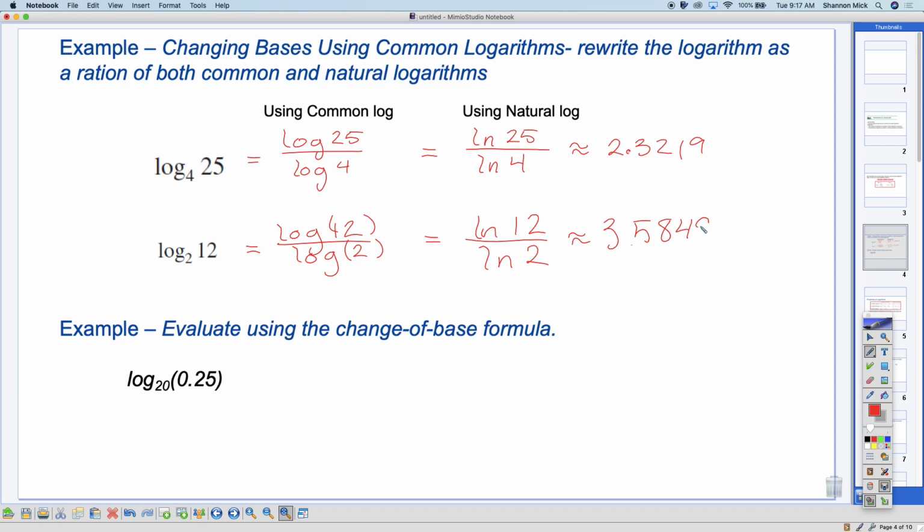Do you guys agree? How did you do that? And try it, guys. If you did natural log, then do log, and prove it to yourself that they're going to be exactly the same.